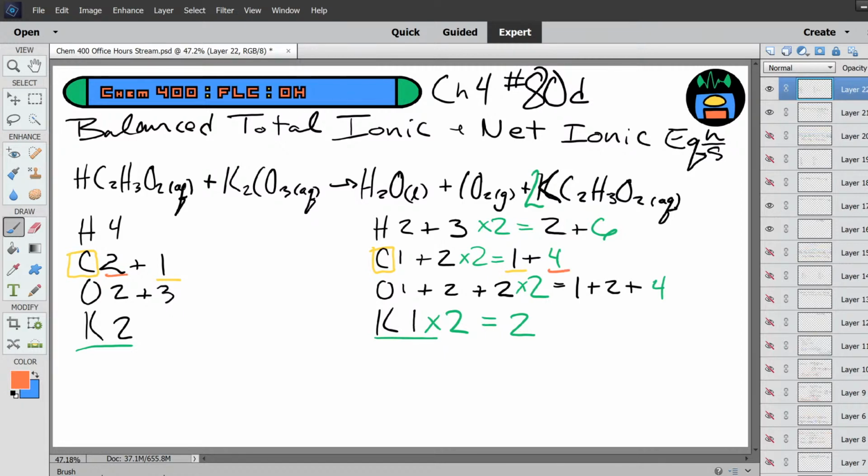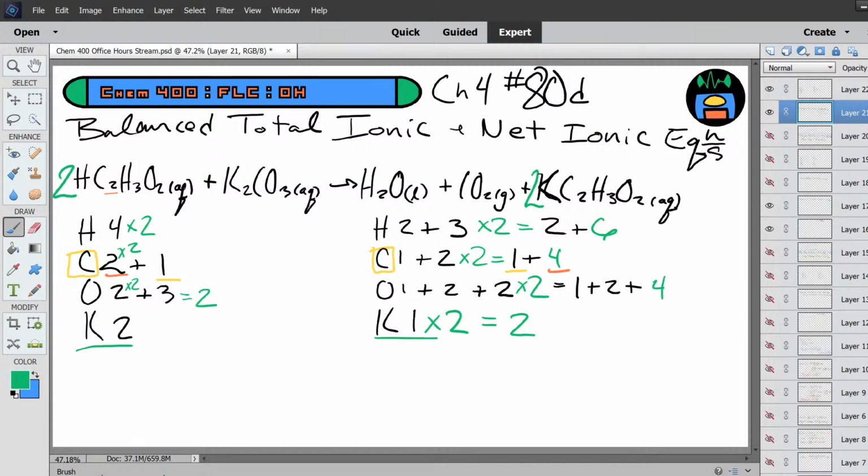So if we can multiply this thing by 2, it'll balance carbon. So let's go ahead and do that. Let's multiply this by 2, see what happens. Hydrogen gets doubled, that gets doubled, and selectively this oxygen gets multiplied by 2.